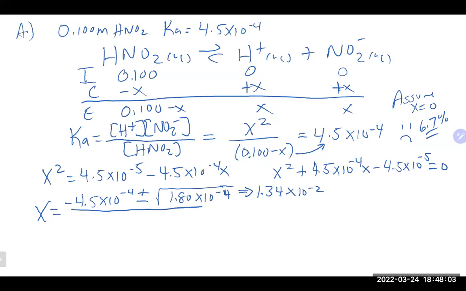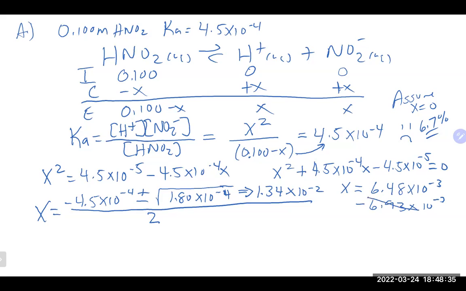That all will be divided by 2a, which in this case is basically 2. That is going to give us our two x values, and you should yield an x value that is 6.48 times 10 to the minus 3 by doing the plus version of it. The subtraction version, you don't really need the number if you realize it is obviously going to give you a negative number here. Obviously, we cannot have a negative number as H plus is equal to x.